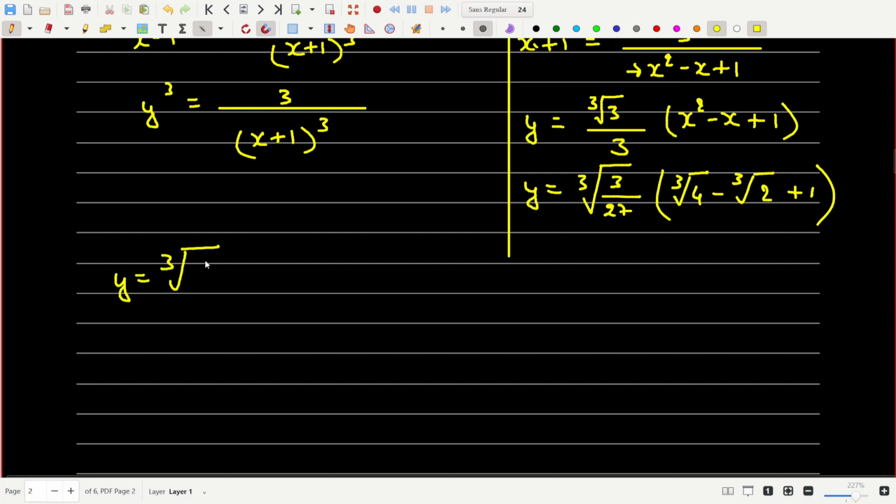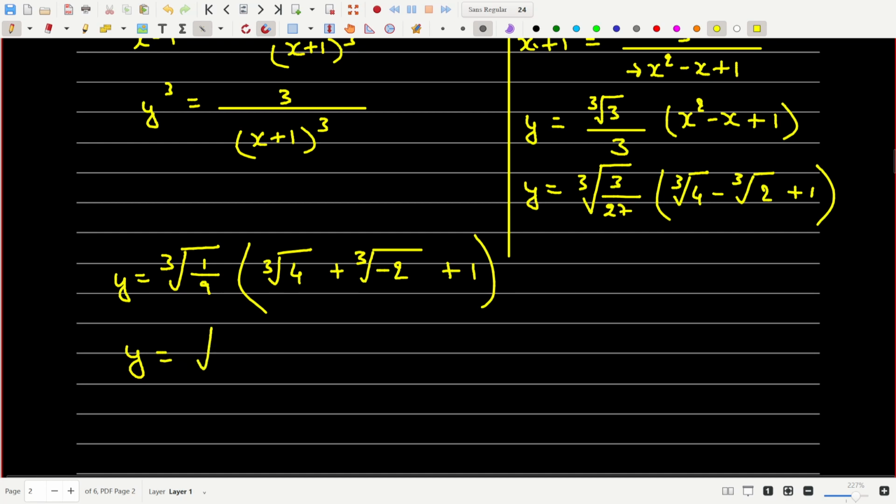So the first term here becomes 1 upon 9. Then the second is cube root of 4. We don't need to change this. Now I'm going to take this negative sign inside the cube root, which will give me negative 2 and then plus 1. Now let me open the bracket and multiply everything.